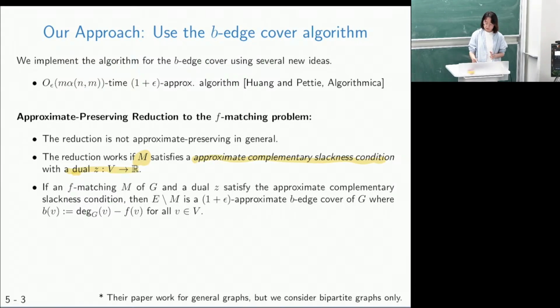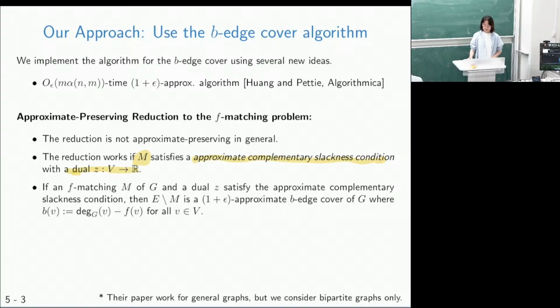So the goal is to design an algorithm for computing a matching and a dual satisfying this condition. Then this algorithm can be used to design an approximation algorithm for the B edge cover problem.